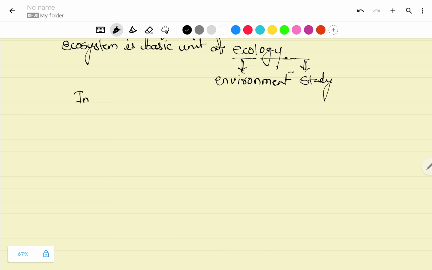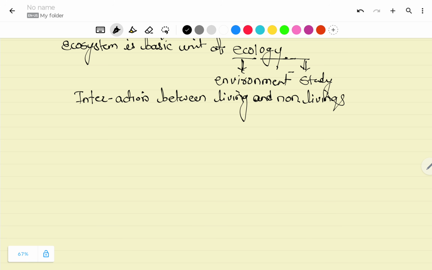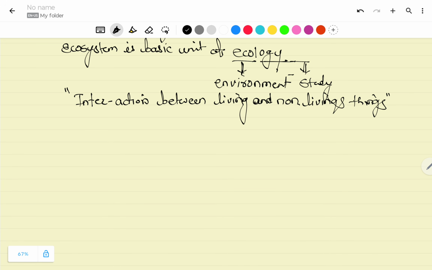Interaction between living and non-living things. The living things present in our surrounding area are called the environment or the ecosystem.